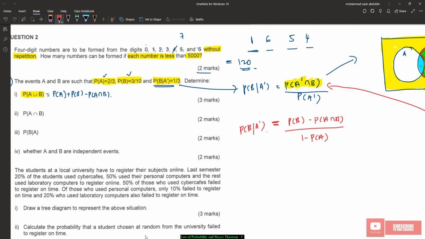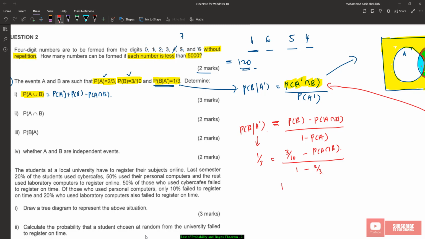Then now we just substitute the values. Probability of B is 3 over 10, minus probability of A intersect B, divided by 1 minus probability of A, is equal to 2 over 3.